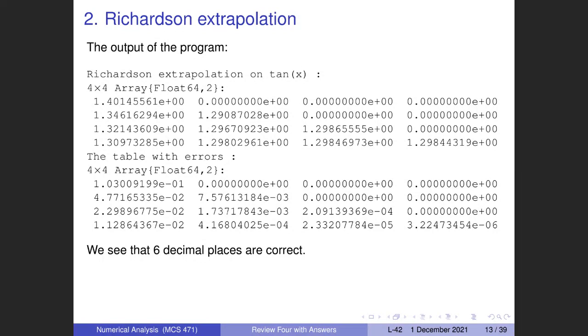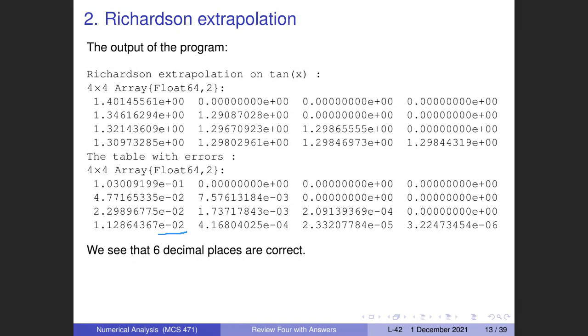So how could this happen? Well, look at the columns. So we have that the forward differences are expected to be correct of order h. So the last row was 1 over 128. So 1 over 100 in decimal notation is 10 to the power minus 2.